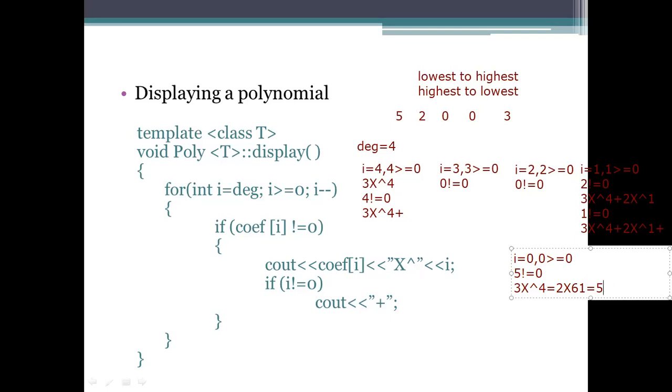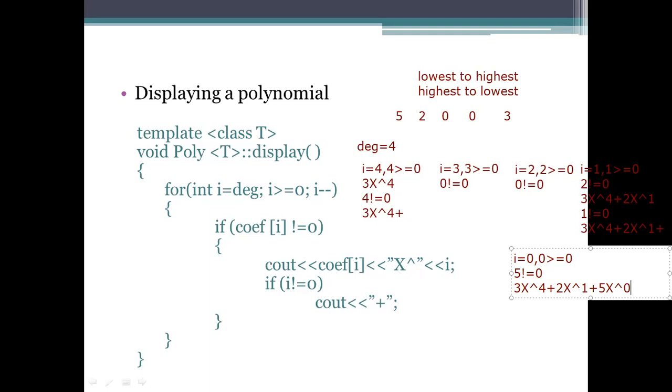Capital X plus 2 x to the power of 1, again capital X power 0.